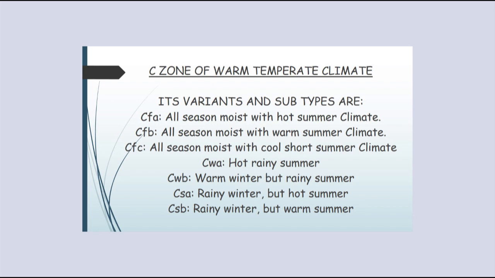While in CFA, summers were hot, in CFB, summers were warm, and CFC had cool summers. Those with alternate seasons of hot summer and rainy winter were CWA and CWB, and those with rainy winter and warm summer were CSA and CSB.